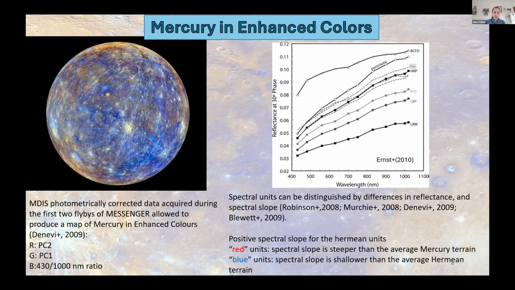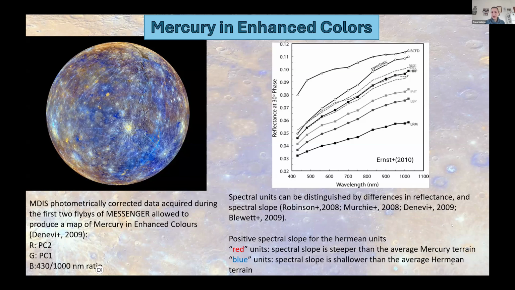The first two principal components were used to create this map. In fact, this is a composite image where in the red channel we have the PC2 component. The PC2 component is usually related to the slope of the spectra.